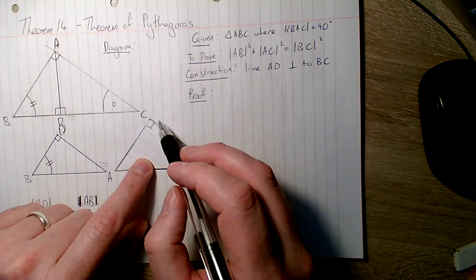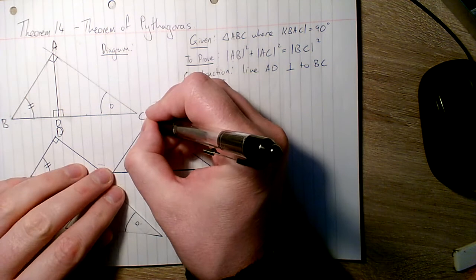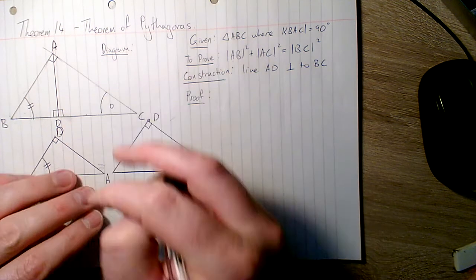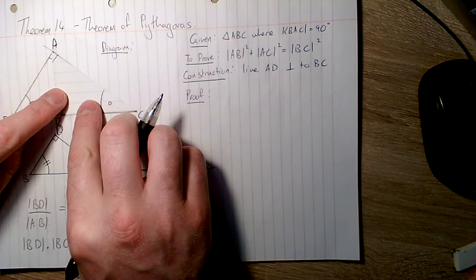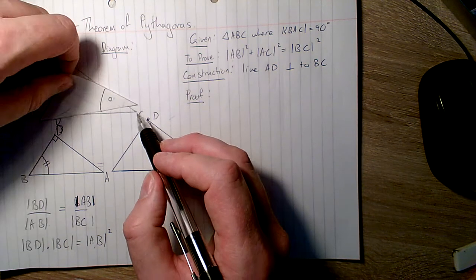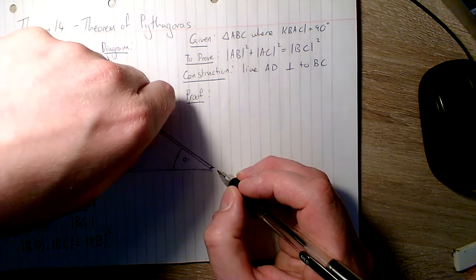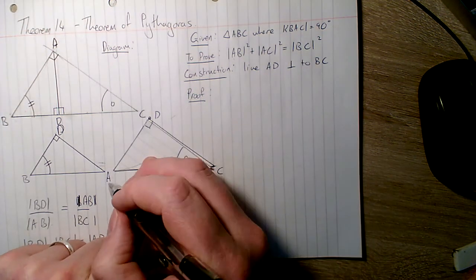Now what goes where? That right angle there is where D was, so this point here corresponds to D. This point here is C. Now we have to flip it over, but that's still C when we land in there.